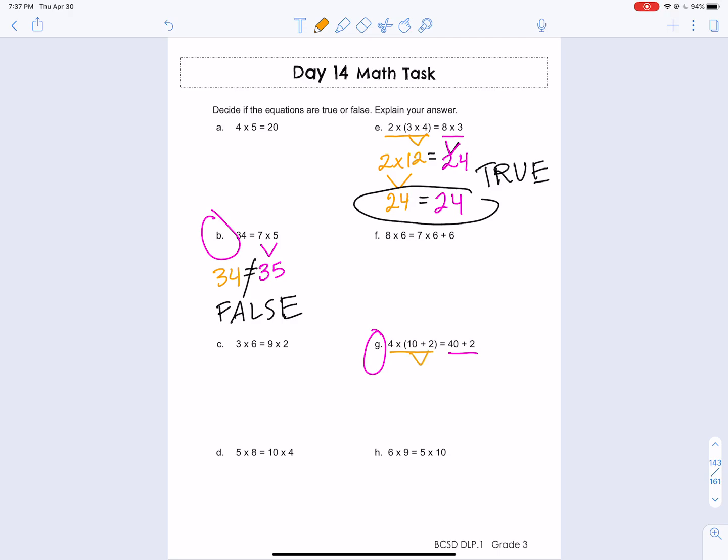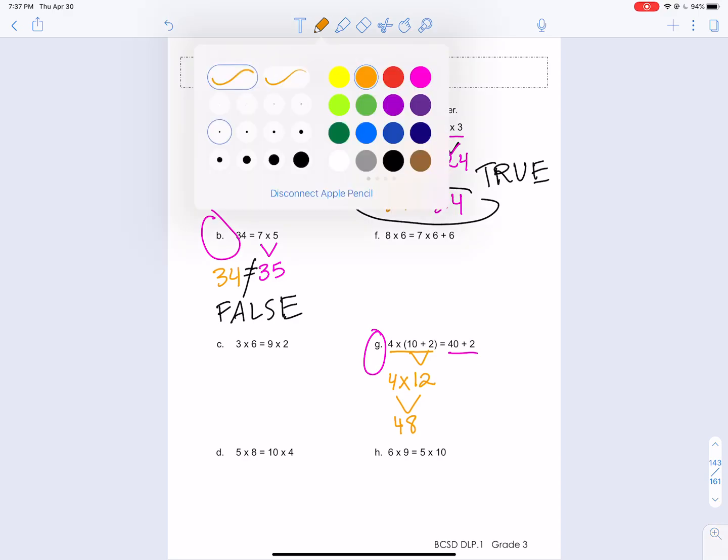So in my parentheses, I have to do 10 plus 2 first. That's 12, okay? Now I still have that times 4, and when I do that, that is 48. And by the way, you can do whatever math strategy that you need to do to figure out 4 times 12 if you don't have it in your head like I do.